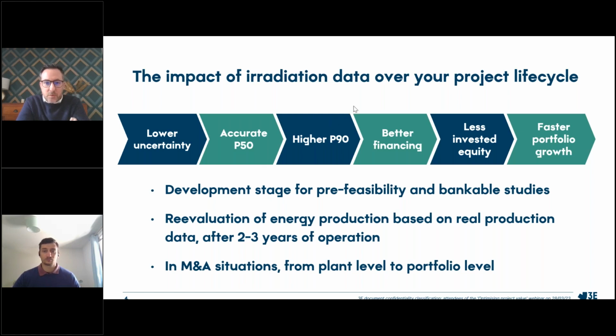Then the third situation where accurate data can be used is, of course, when you make an M&A, meaning when you have to finance or refinance, acquire or sell a portfolio of projects. If you have accurate data, that means you can obtain better loan conditions and also generate better leverage on your portfolio.